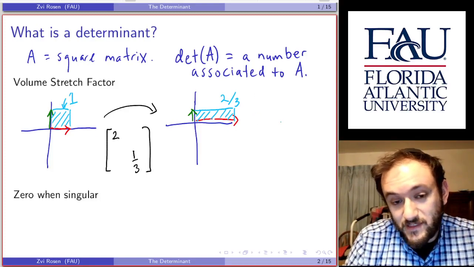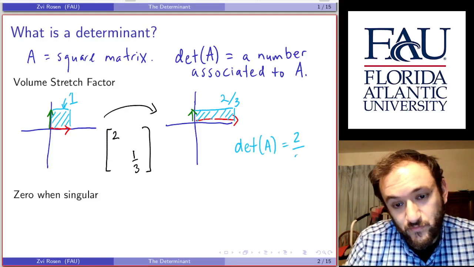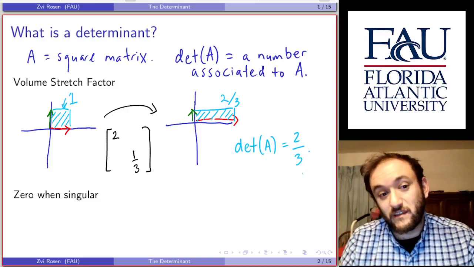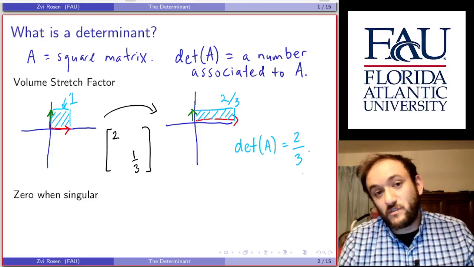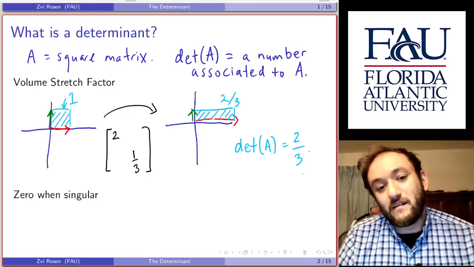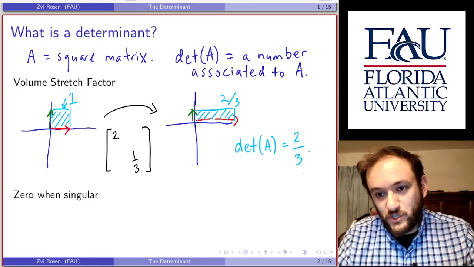And so the determinant in this case would be 2/3, which describes how the area of the unit square was stretched. And in higher dimensions, you would be visualizing higher dimensional volumes, and the determinant is describing how much those get stretched or squished.